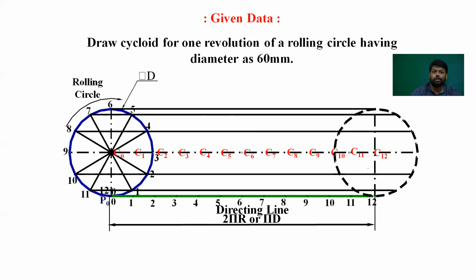Now the next step is to find the locus of the point in contact with the straight line. So now we are going to draw the cycloid for this problem, and to draw the cycloid we are taking the point on the circumference, this bottom point. First thing in the cycloid problem, you need to find out which point you are going to draw the cycloid for, whether the topmost point, the bottom point, the horizontal diameter right side point or the horizontal diameter left side point.